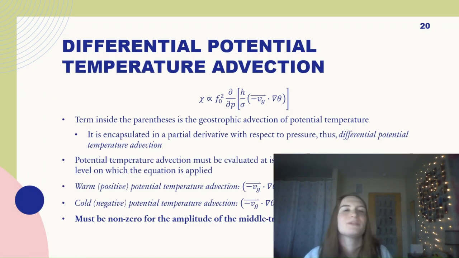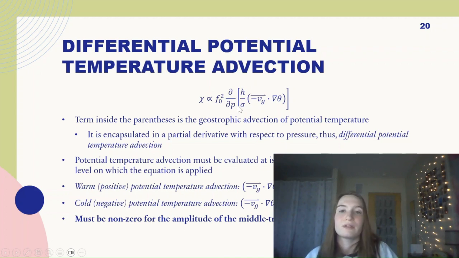So let's talk about the next one. Differential potential temperature advection. The term inside the parentheses right here is the geostrophic advection of potential temperature. It's encapsulated in a partial derivative with respect to pressure. Therefore, it's differential potential temperature advection. That's the differential part, the d/dp.